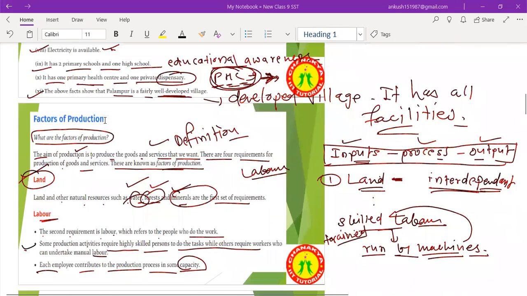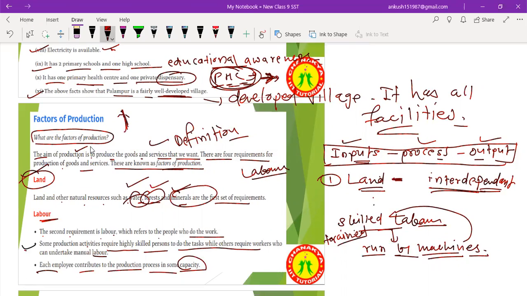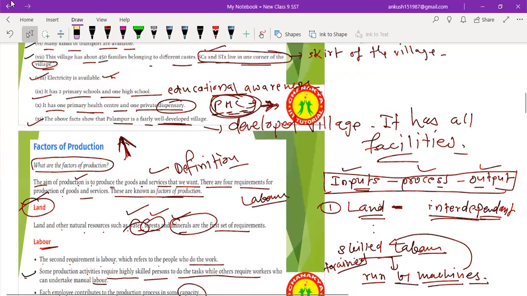We had seen the factors of production, which are related to the development of any sector or field, whether it is agriculture, transportation, or manufacturing. These factors are very important to make the business go upward and bring prosperity.